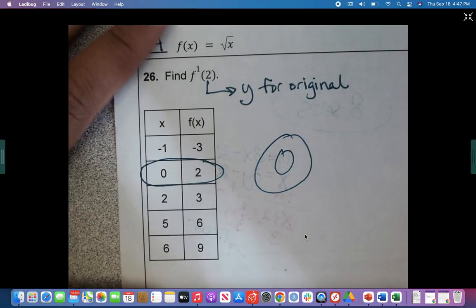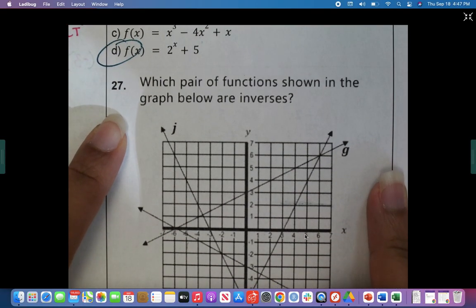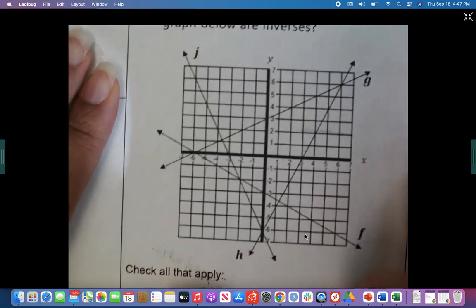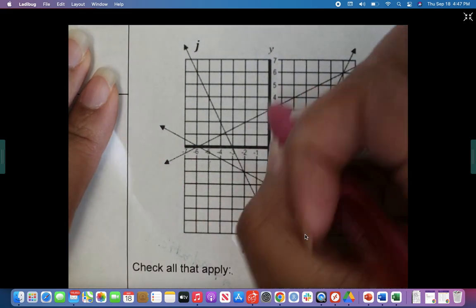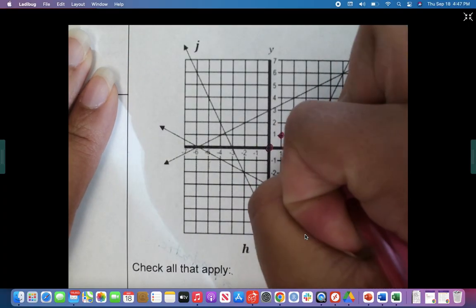All right, last question. Which pair of functions shown in the graph below are inverses? So I've got linear functions. Remember, I'm going to draw in my reflection line, y equals x. I'm just going to draw it as a dotted line.